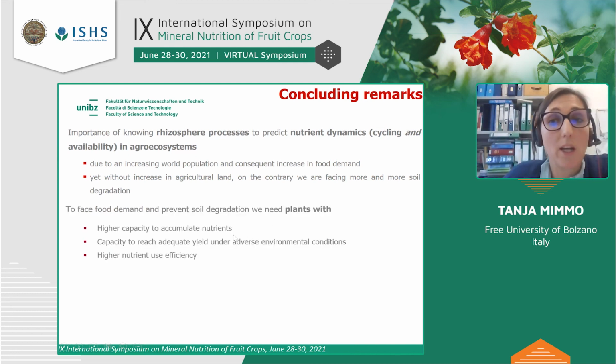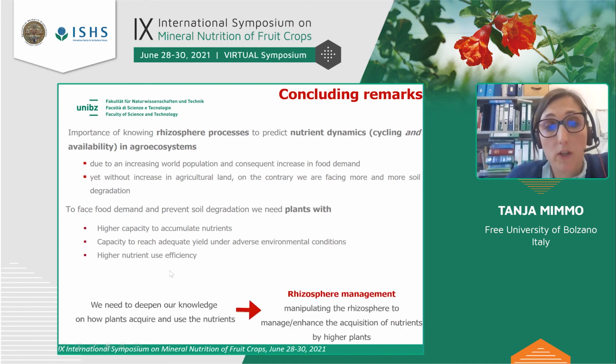So thus we actually need plants with a higher capacity to accumulate nutrients. We need plants with a higher capacity to reach adequate yields under adverse environmental conditions, and with a higher nutrient use efficiency.